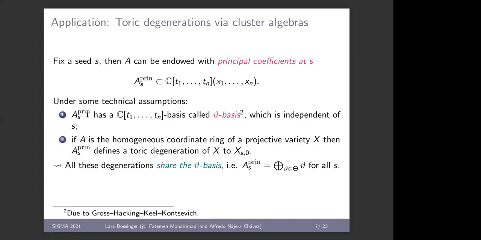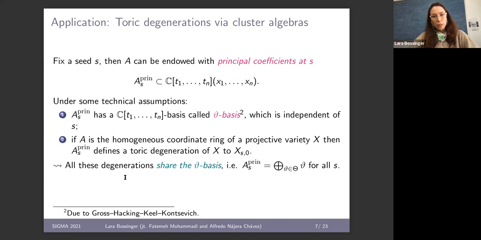Exactly. So maybe one more thing. It's not only a flat family, but actually free, because we have this theta basis throughout the whole family. So it's important to remark at this point that we have such a degeneration for every seed of the cluster algebra, and it will be different for different seeds, but all of them have the same theta basis.